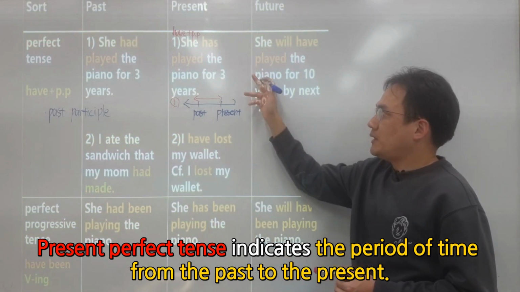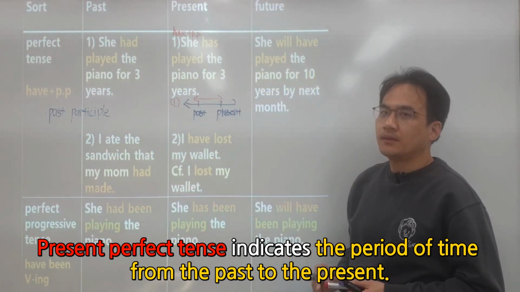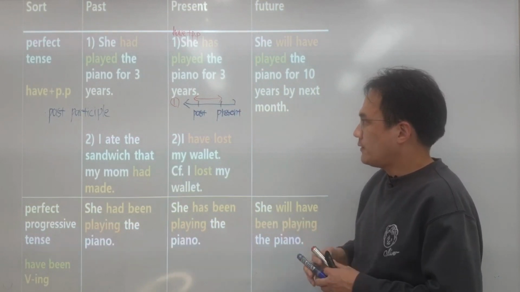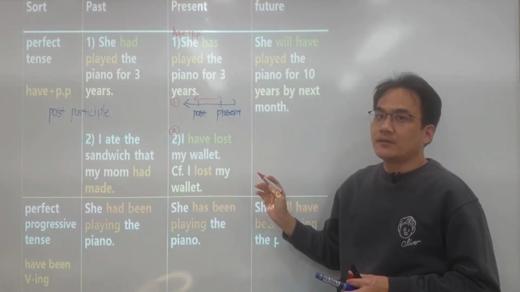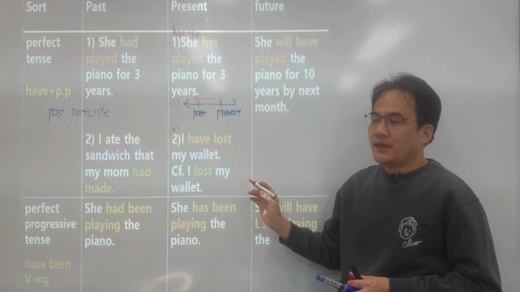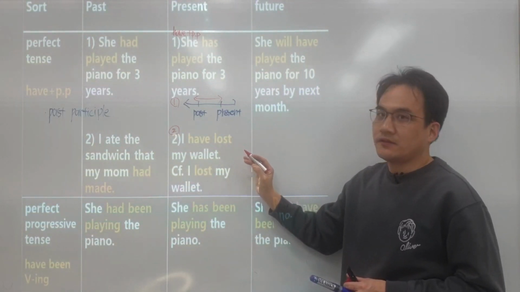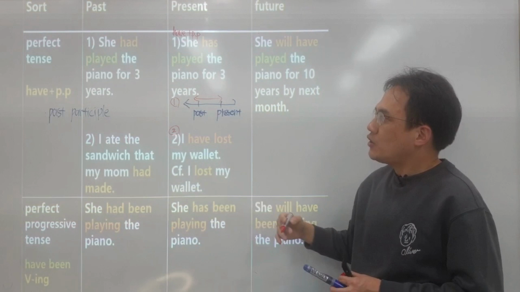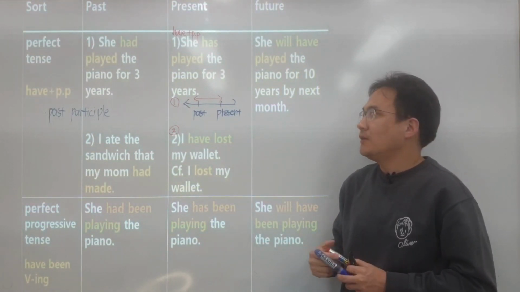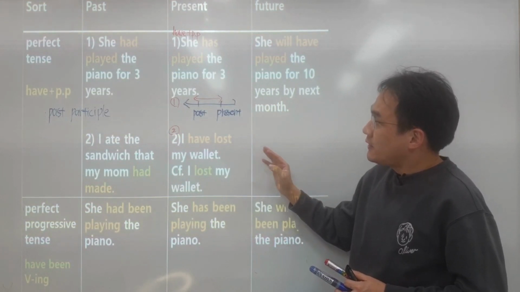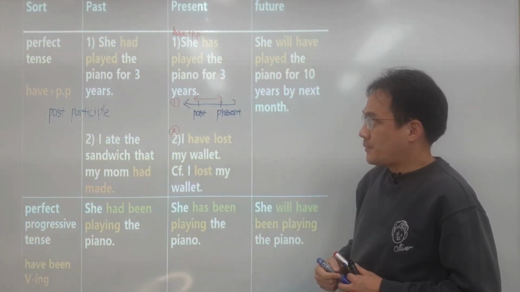So she has played the piano for 3 years. And the other explanation is that an event in the past occurred and it still affects the current situation. Thus, it represents the current situation completely, perfectly. So, it is called present perfect tense.